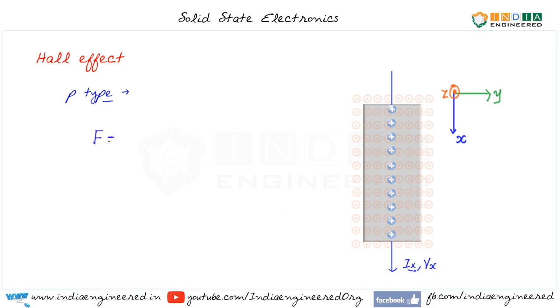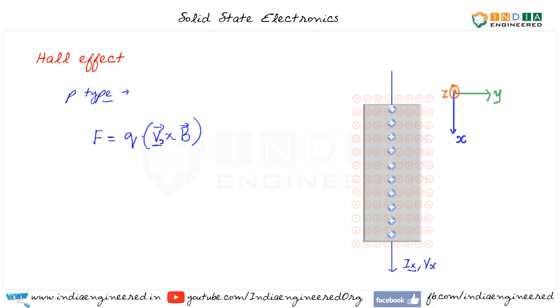The force due to the magnetic field is Q, the charge of a hole, into V cross B, that is the applied magnetic field. So this is the equation for the force experienced by a moving charge in a magnetic field. Moving, because only if it has an associated velocity do we have a force. These particles, when they are moving with some drift velocity, will experience a force.